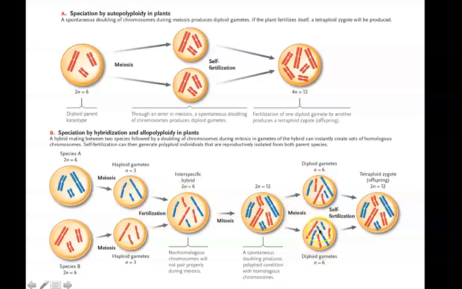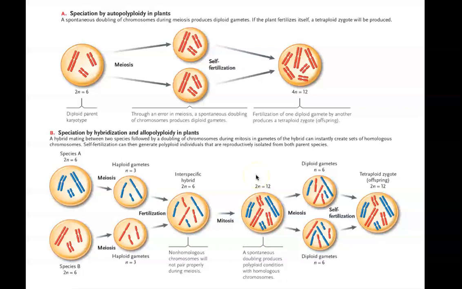And then if it was to self-fertilize, you would get an offspring that has 12 chromosomes instead of 6. So you can see that in allopolyploidy, you can generate a new species, because it has a different number of chromosomes, but it does that through the production of a viable hybrid as an intermediate.